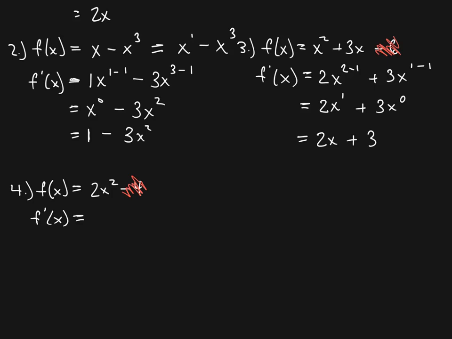So f prime of x is going to be 2 times 2x to the 2 minus 1, which is, of course, 4x to the 1, which is just 4x. So the derivative then of 2x squared minus 4 is simply 4x.